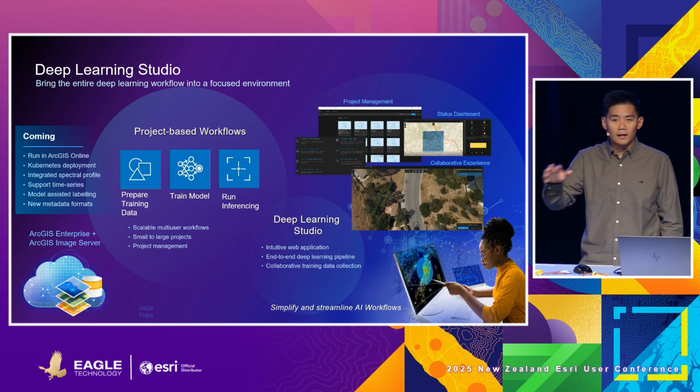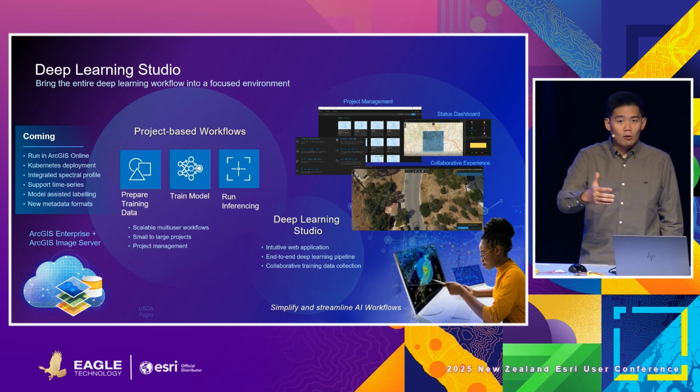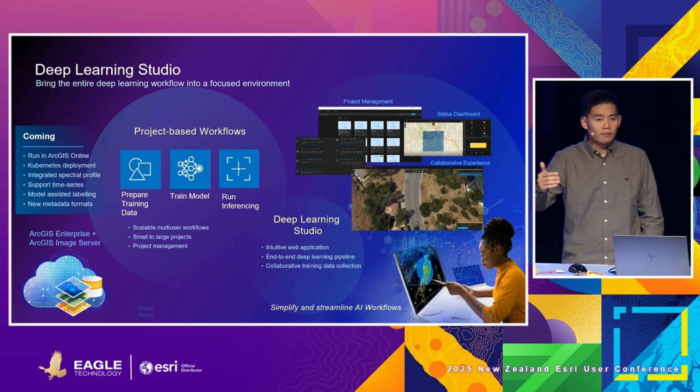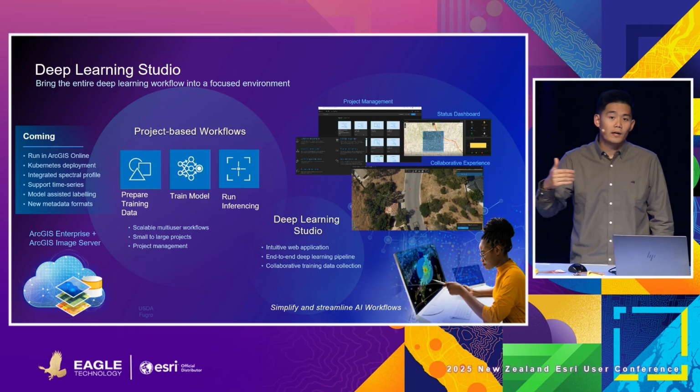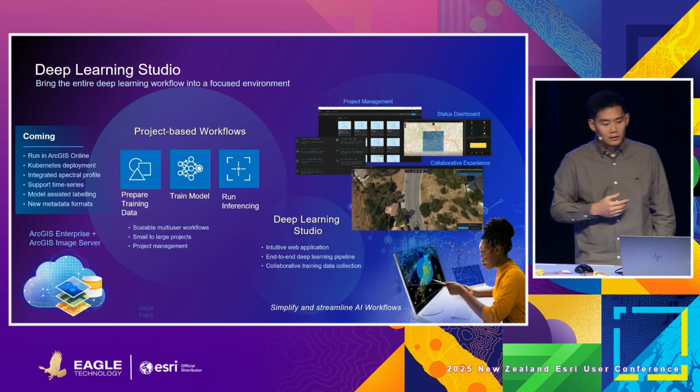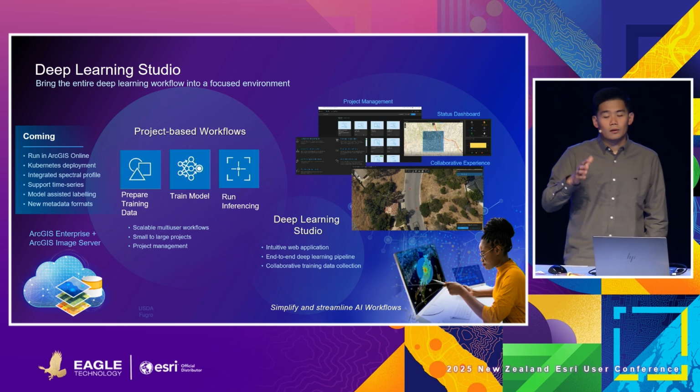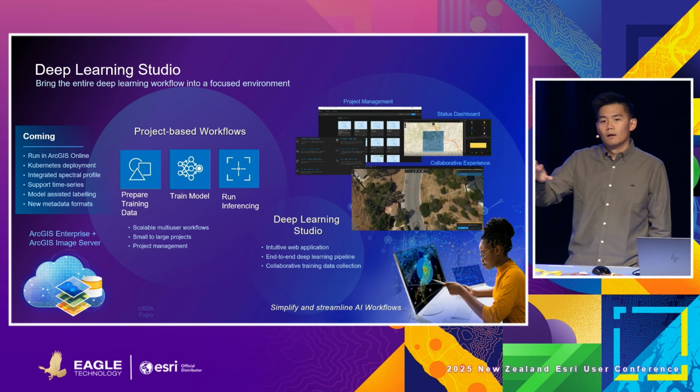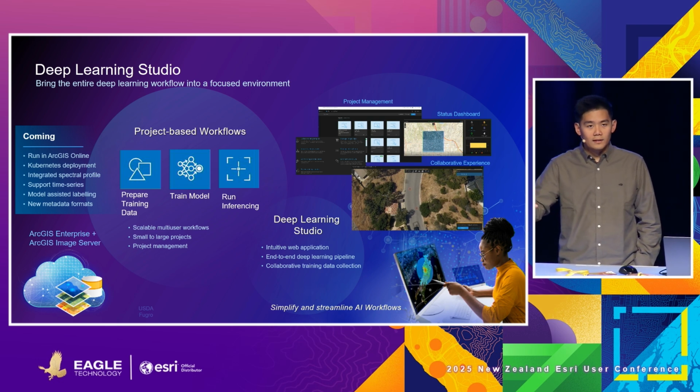Multiple people can work together, whether it's the same team or different groups and teams within an organization. The collaboration is the main part, I think. And you can also work with other organizations. Then the process is offloaded to the Raster Analytics Server.